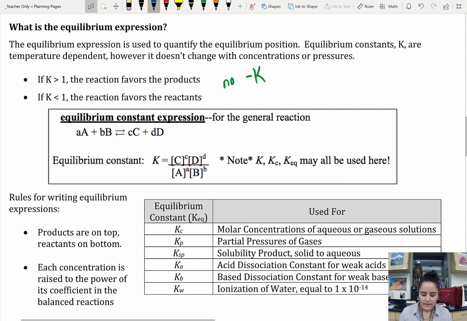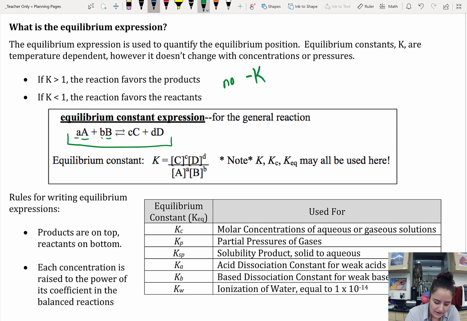How we write them is based on the stoichiometry of the reaction. So say we have this reaction, a molecules of A react with b molecules of B, in a reversible reaction to form c molecules of C and d molecules of D. The coefficients become exponents.